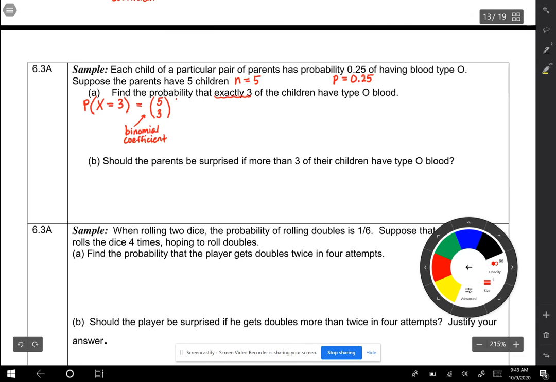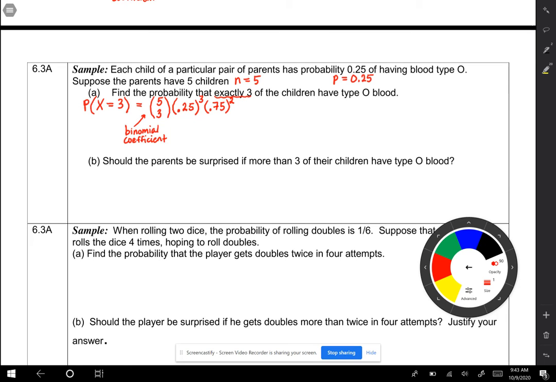times your success. Your probability of success is 0.25, and you want exactly 3 children, so that's to the third power. That's where you get the exponent. Times, if the success is 0.25, 1 minus, so these two numbers in parentheses have to add up to 1, so 0.75 is your failure, and you have 2, because there's a total of 5 children.